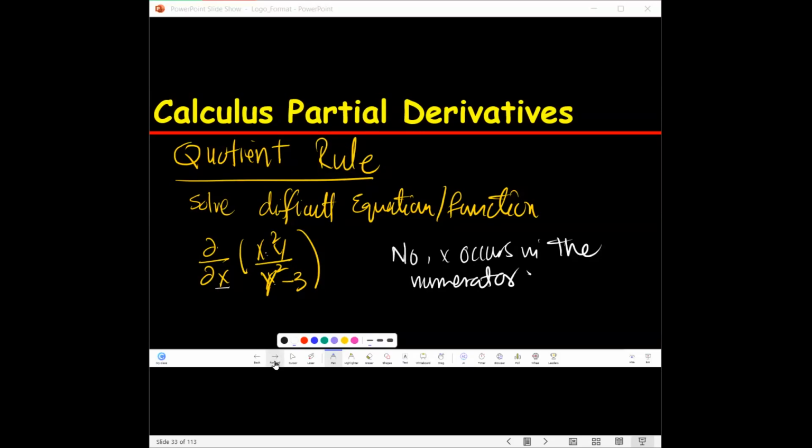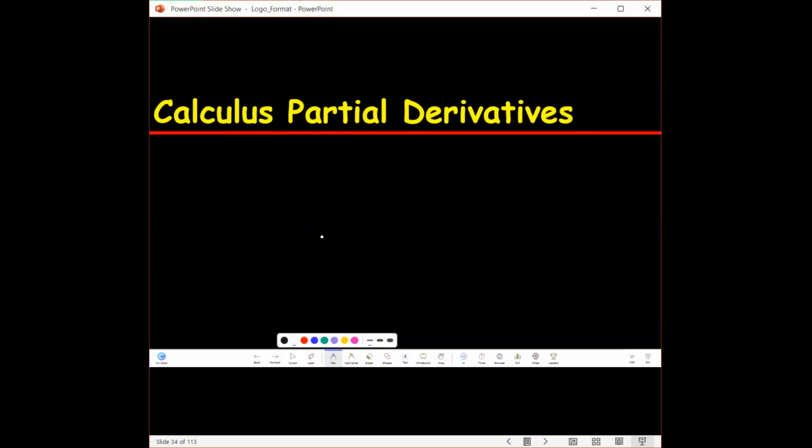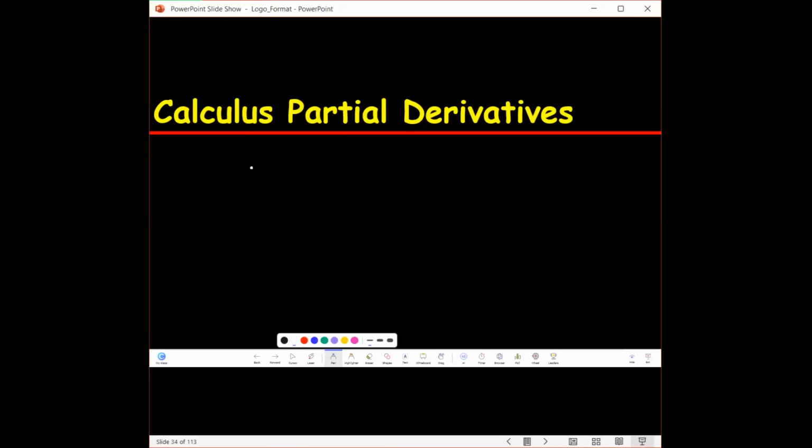Let's take a look at another problem. This one. Do I need to apply the quotient rule in this function? And the answer is yes. Why?